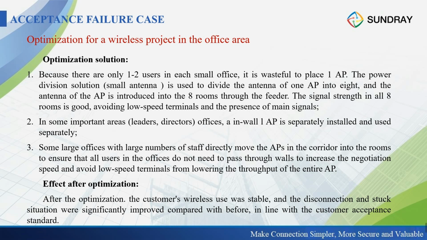And also in some large offices, we can use the AP that was used in the corridor. We just move that AP inside that big office room. In this way, we can provide good Wi-Fi coverage and speed for our users.